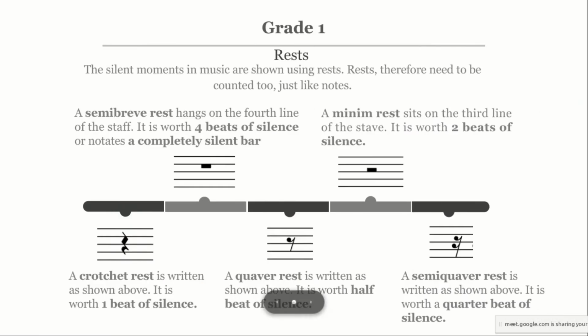Anne, tell us what's the difference? The way they are indicated in the bars. Yes, so what is the difference? How will you differentiate a semi-brief from a minim rest? What will help you remember that this is a semi-brief rest and this is a minim rest?